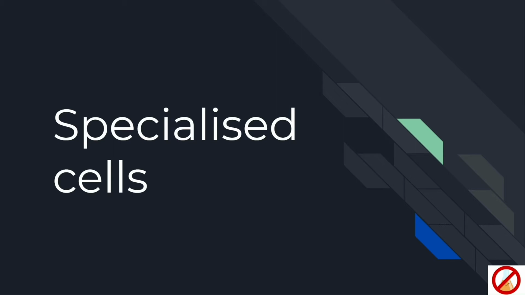There are several specialized cells that you have to remember, especially for IGCSE biology, where you have to memorize the cell names and be able to tell why they are special and what their roles are. So let's get into every individual example of specialized cells.